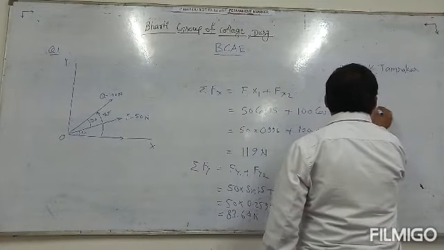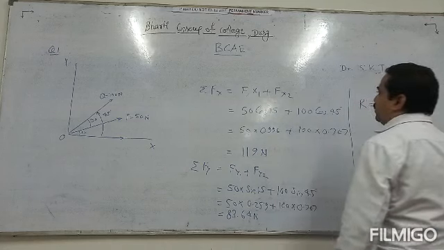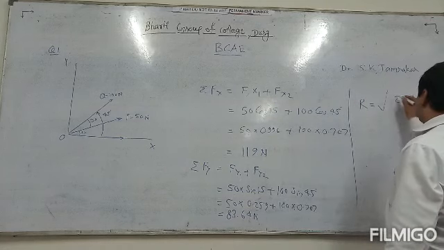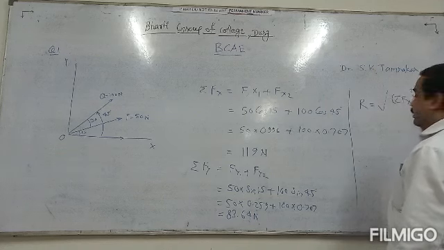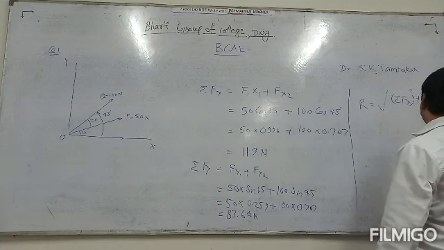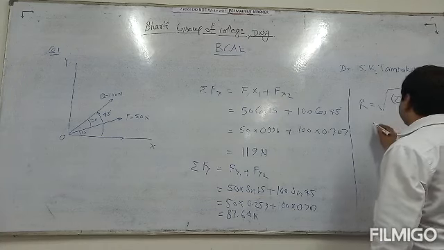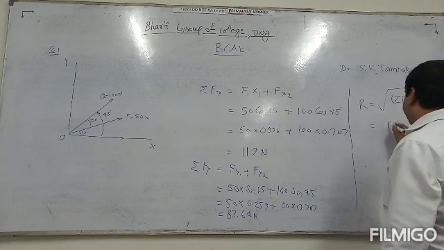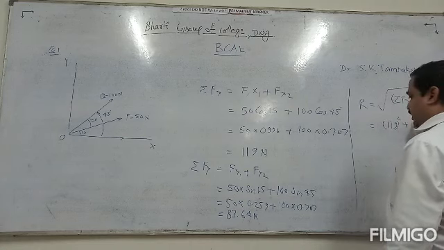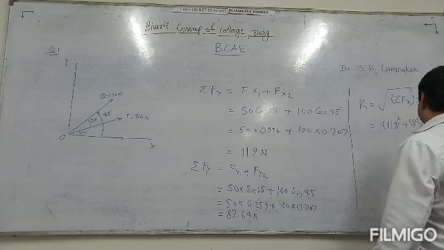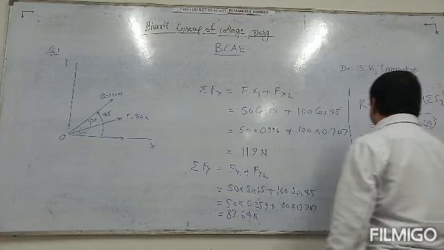Now finding out the resultant. This resultant is equal to square root of summation of Fx square plus summation of Fy square. So this comes 119 square plus 83.64 square, square root of this.